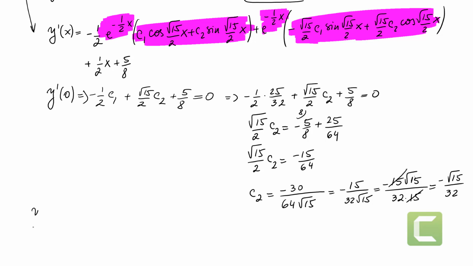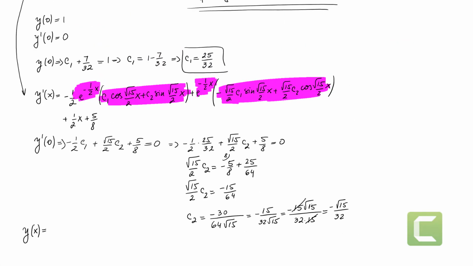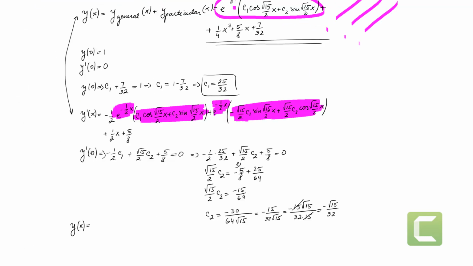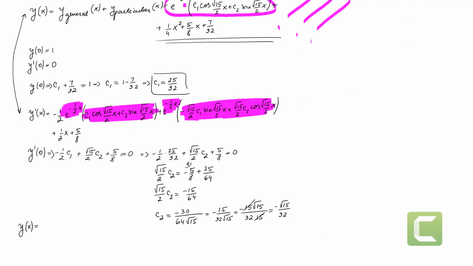So basically, y of x is going to be whatever we got all the way here, but we can replace c1 and c2 with what we got. Let's see if I have enough room. I'll write a little lower so that it doesn't intersect my c2.